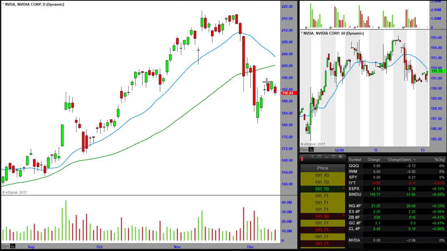And the semiconductors look like they're ready to come in a little bit unless a miracle happens here. But here's NVIDIA that had a nasty break, and as it relates to our conversation on major support, you see NVIDIA has broken down through several levels of major support, and now it's coming up into this area of minor resistance, and yesterday it began to roll over, and we'll see if this continues to follow through to the downside here.